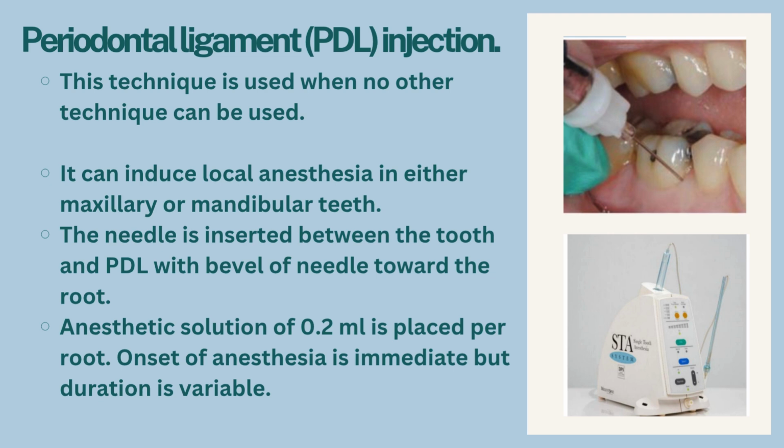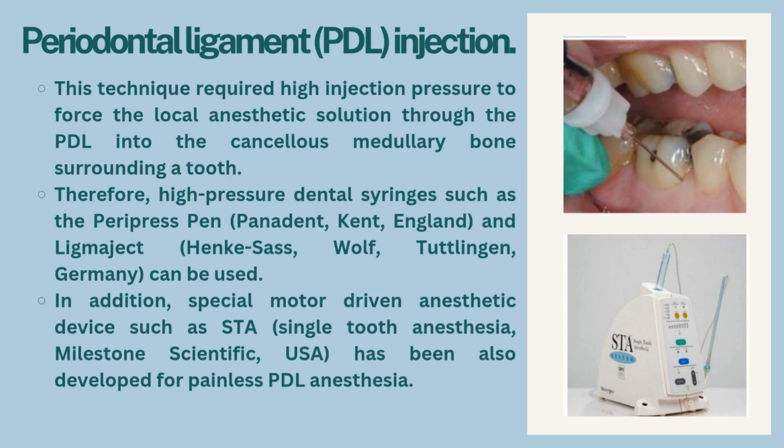A needle will usually be inserted in the periodontal ligament of a tooth with the bevel toward the root. Around 0.2 ml of anesthetic solution is placed per root. The onset of anesthesia here is immediate, but the duration is variable. Of course, this technique requires pressure for the injection, so you won't use the syringe you usually use.